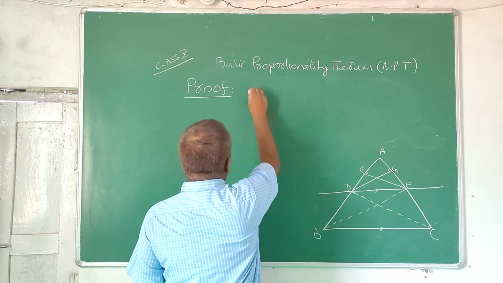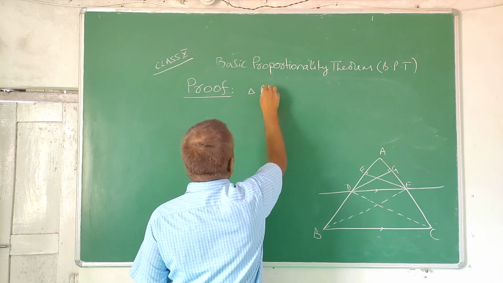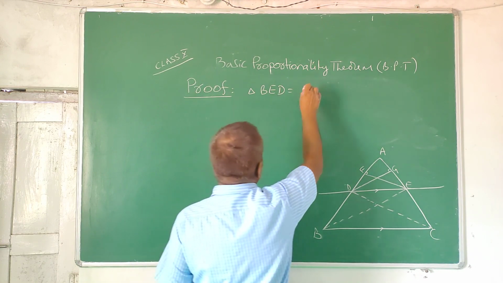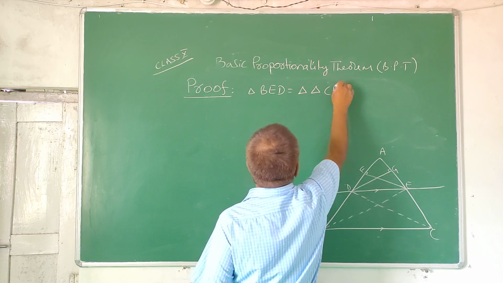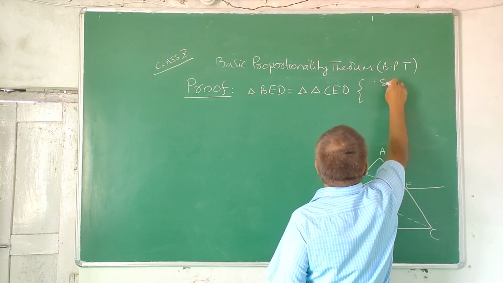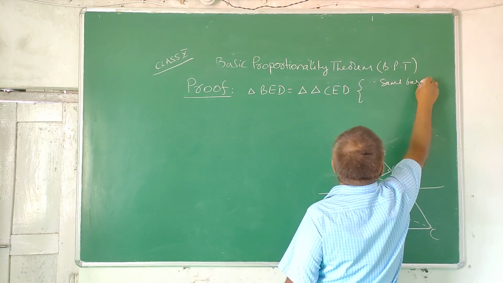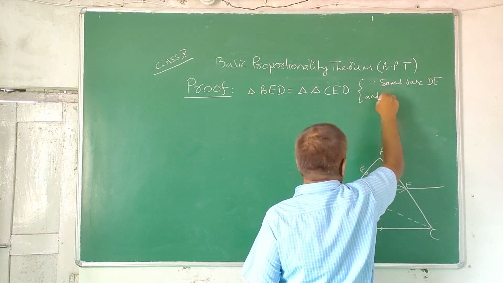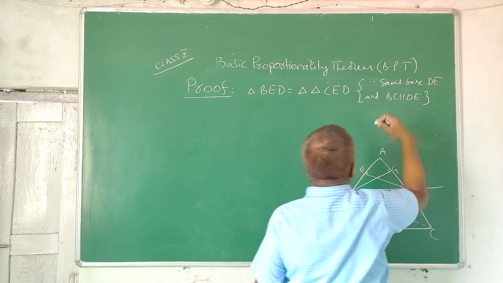So immediately we can say that triangle BED equals triangle CED. Reason: same base DE and BC parallel to DE. So that is the reason.